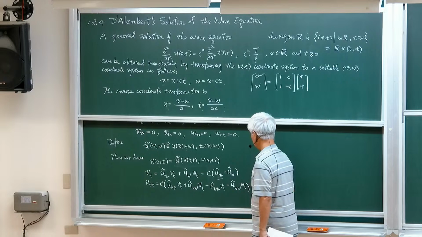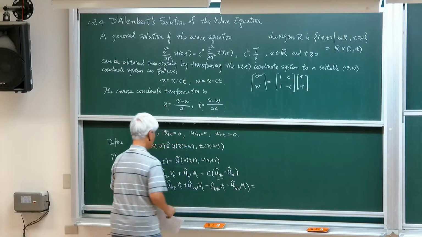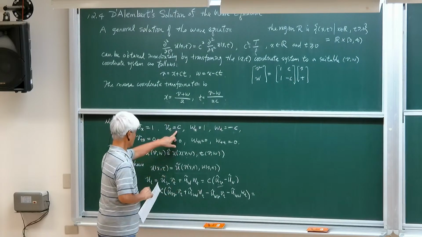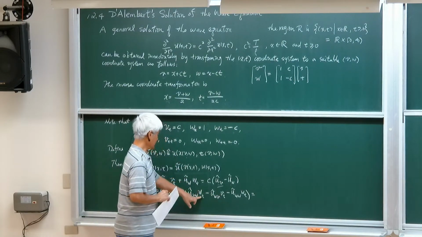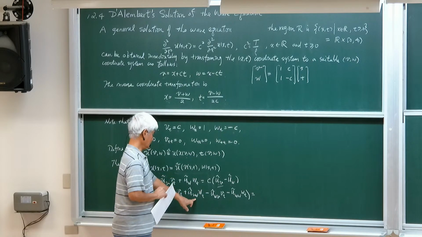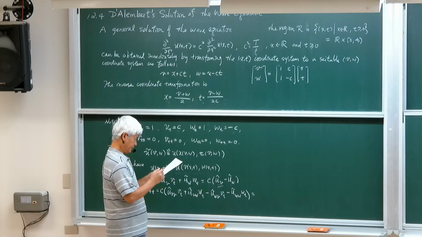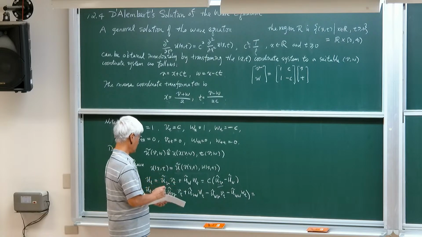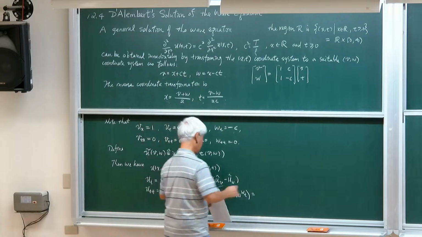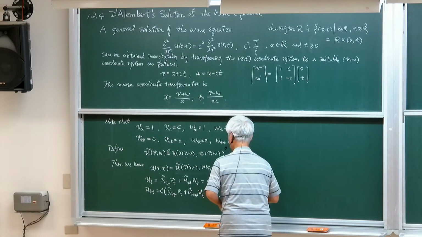Okay, and as we see, Vt is c and Wt is minus c. So this is minus c, and we have c square again.